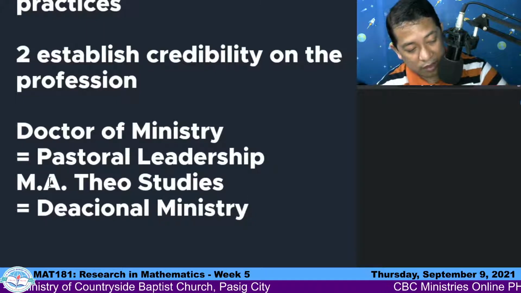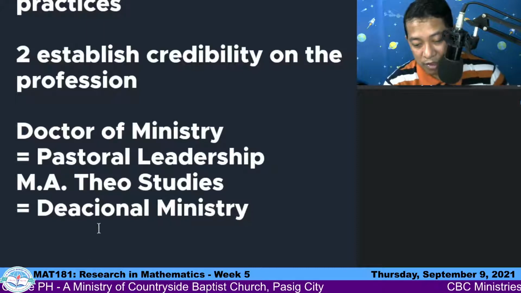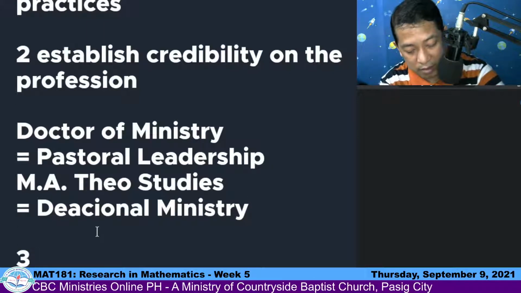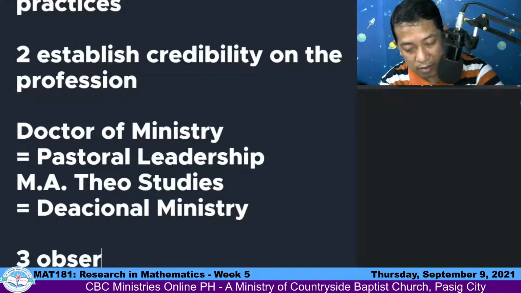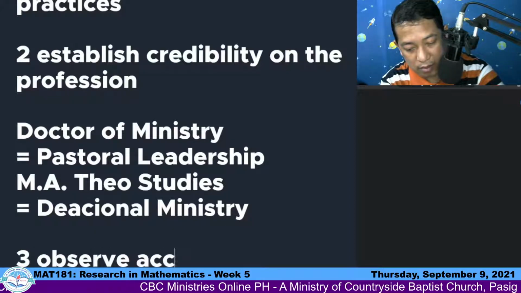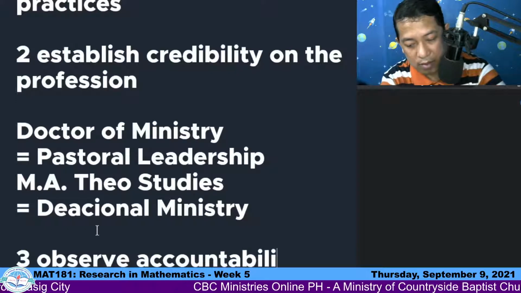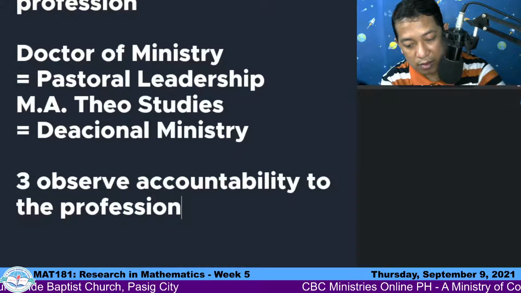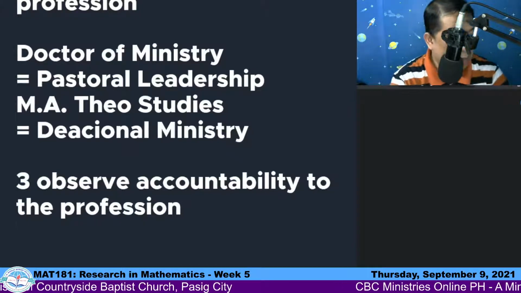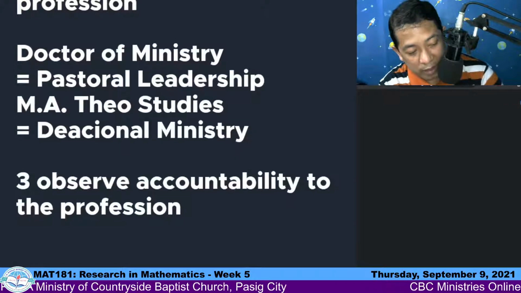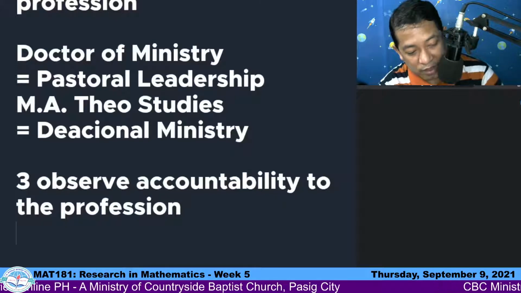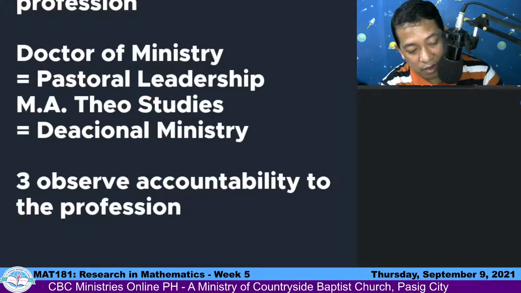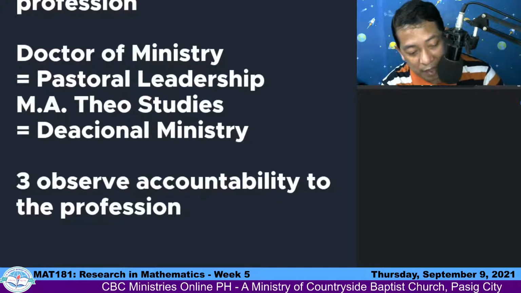Of course, that's another goal. And then thirdly, to observe accountability to the profession. There must be an accountability to the profession. Every action conducted by a professional must have a rationale. There must be a purpose, a goal, and there are principles to follow.